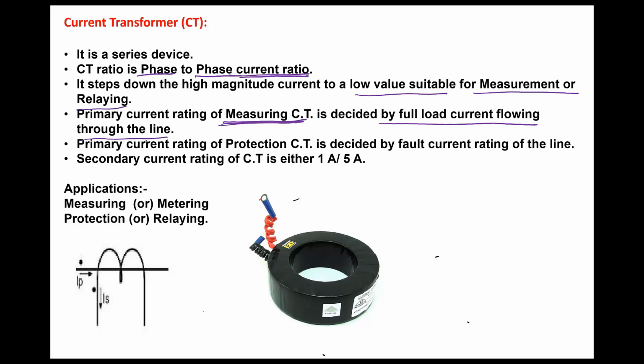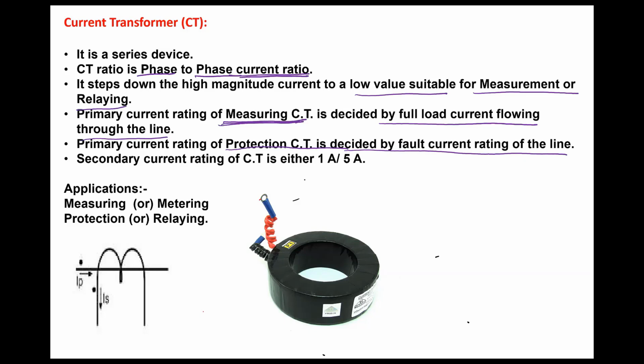So the primary current rating of measuring CT is decided by the full load current flowing through that circuit or line. The primary current rating of a protection CT is decided by the fault current rating. Suppose a fault occurs, what is the highest current that flows in that line? Depending upon that value, you decide the primary rating of the protection CT.